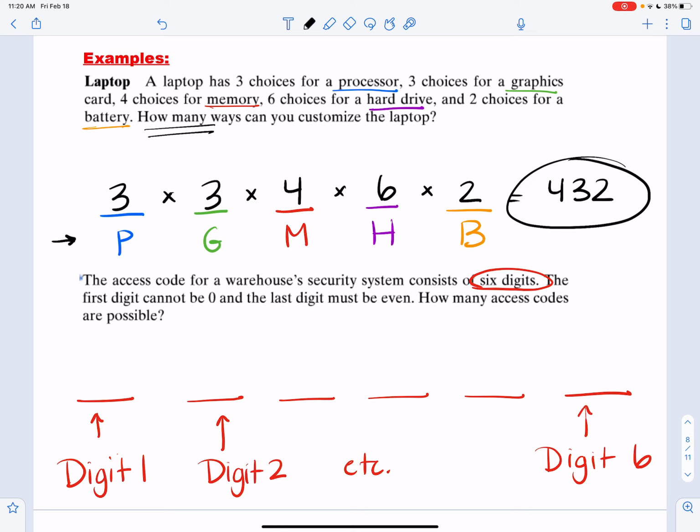Because again, what you do in the fundamental counting principle is you break it down in terms of each item that has to be assigned. So here, the first thing I was told was that the access code consisted of 6 digits. So notice the blanks that I laid out here are just where I'm going to assign each piece: digit 1, digit 2, digit 3, and so on.